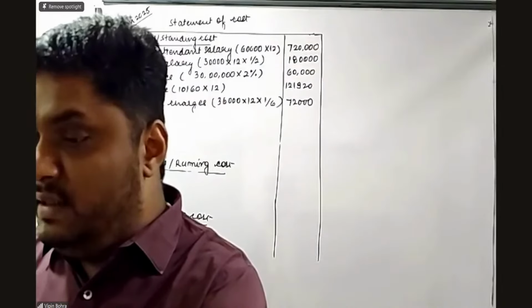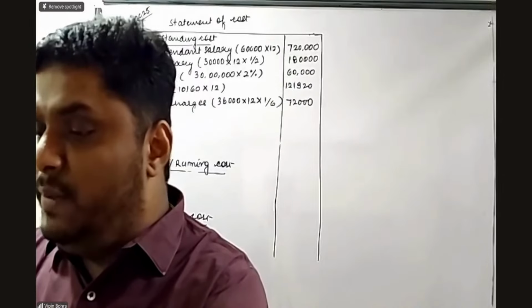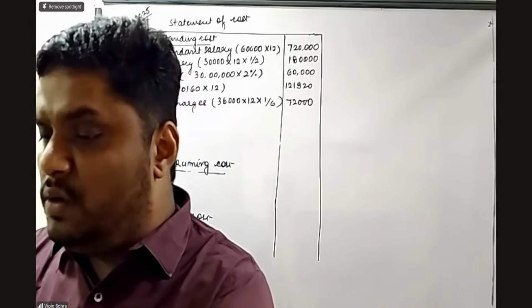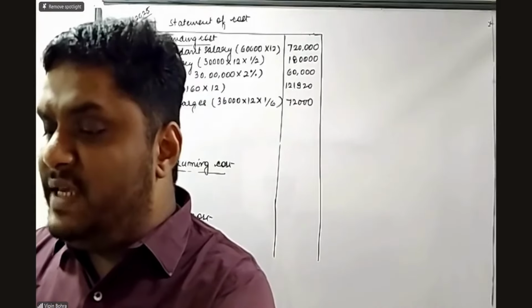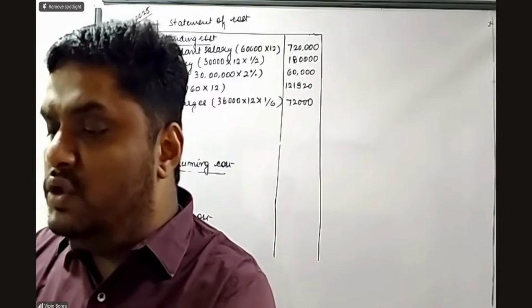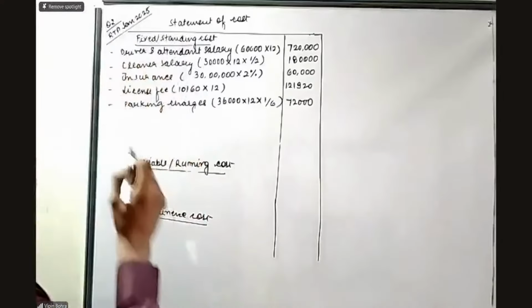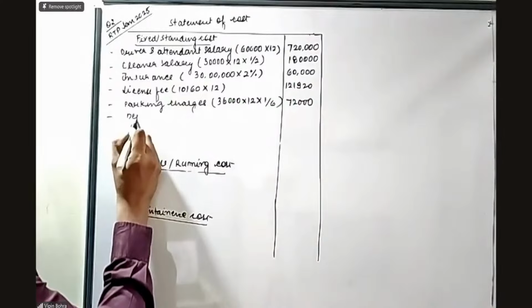Next, we will consider the repairs and maintenance, that will go part of maintenance cost. Now the purchase price is given, scrap value is given, and useful life is given. So let's calculate the depreciation.